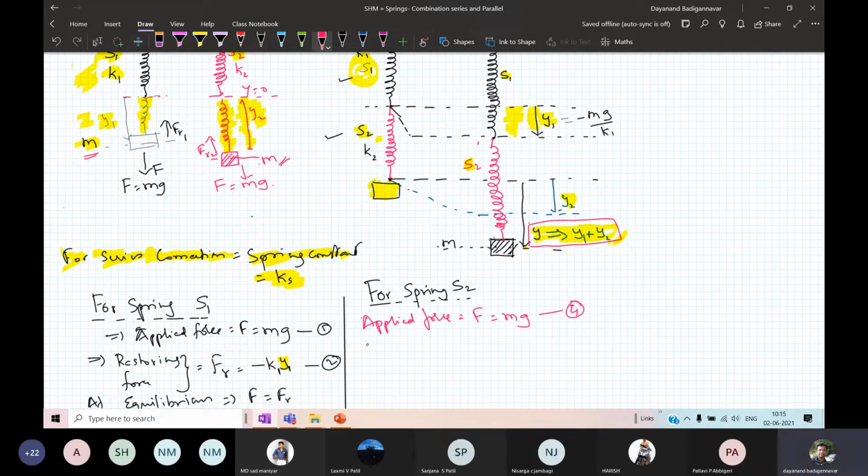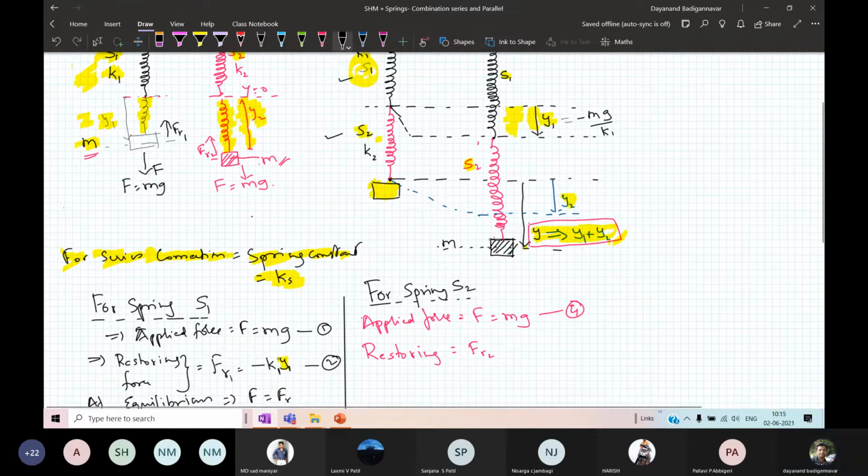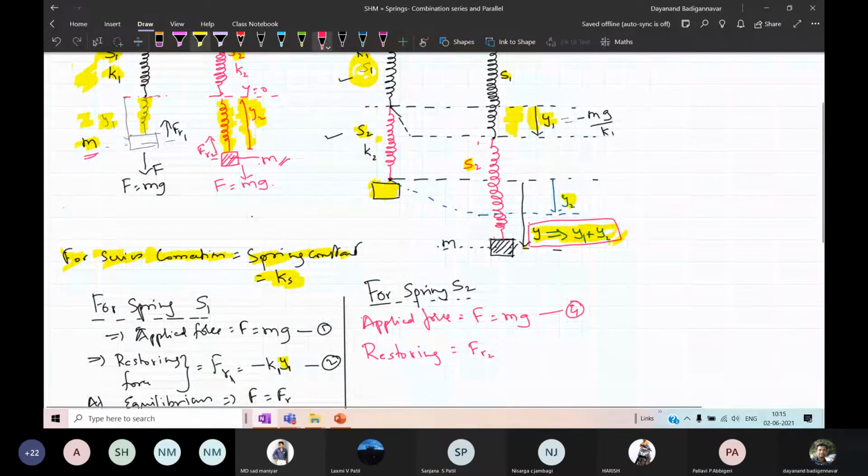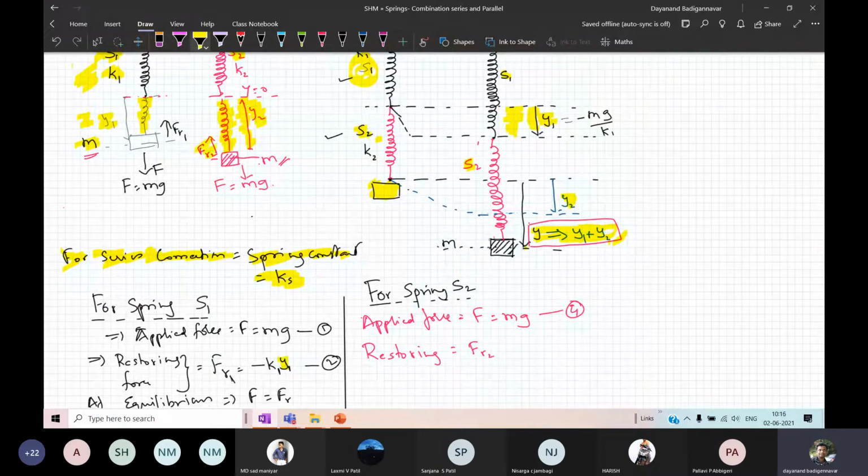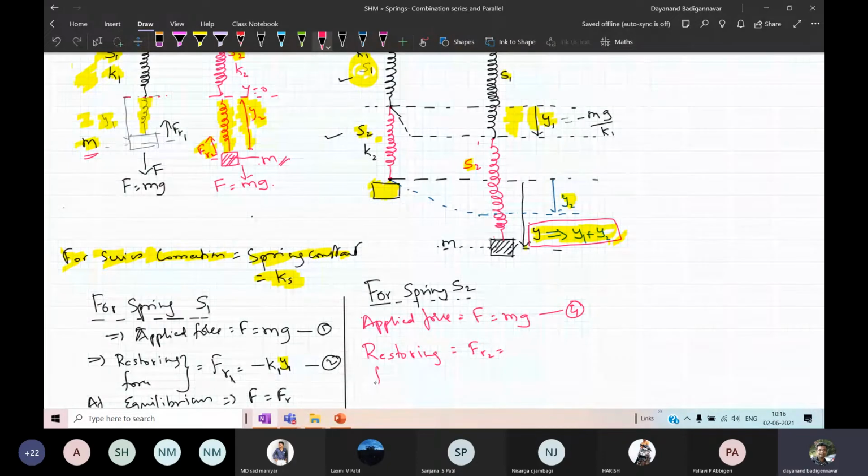Yes, sir. Now go for the restoring force for the second spring. Here I should take it as FR1 for the first spring, and for the second spring it is FR2, opposite. So if I write the restoring force for the second spring, that will be equal to minus of K2 into Y2.